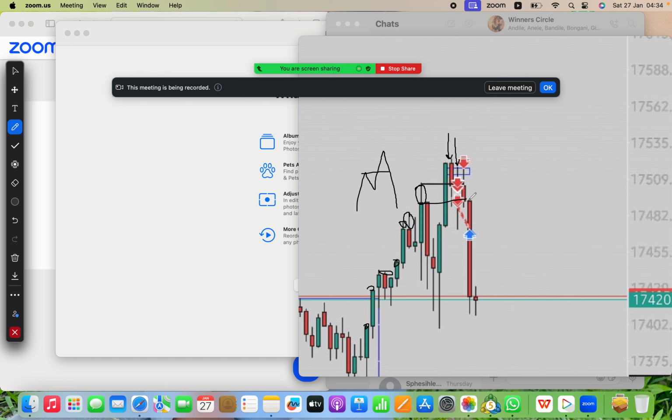That's what you should be asking yourself. Firstly, there were no pins, small pins, and then the pins start getting bigger. And then all of a sudden, you get this monster candle. This monster candle has a name. It is called a liquidity void.